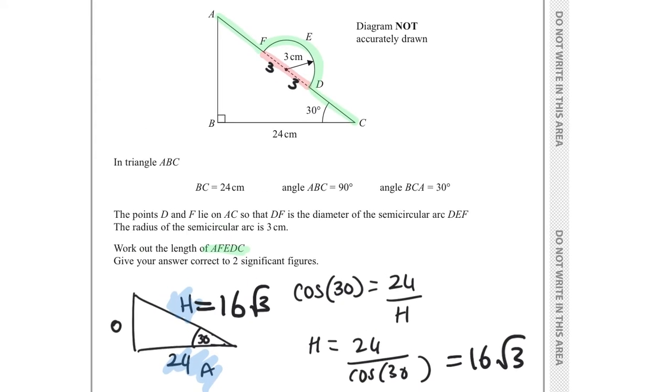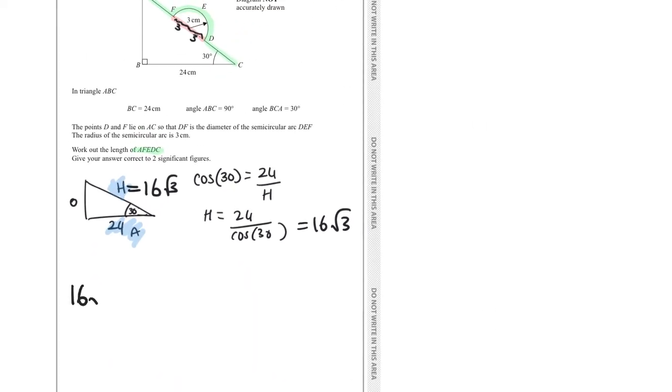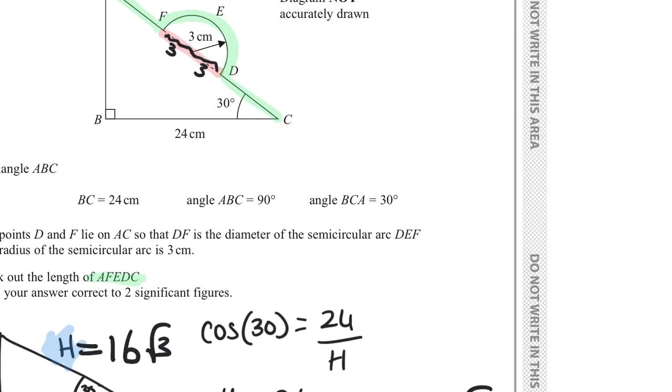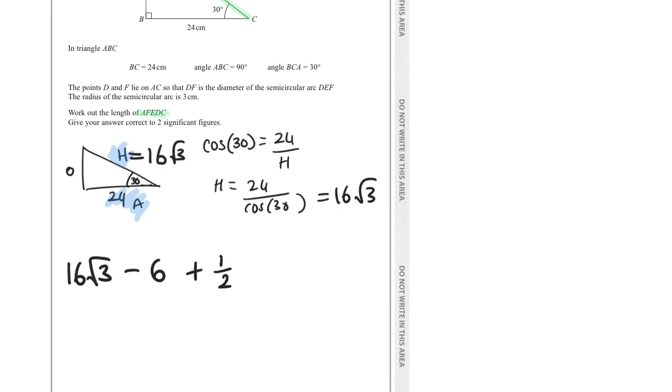Now, that whole length, I need to take away 6, don't I? So I need to do 16 root 3, take away 6, and then what do I need to add on? Half of the circumference. Okay, so plus half of, what's the circumference? 2 times pi times r.